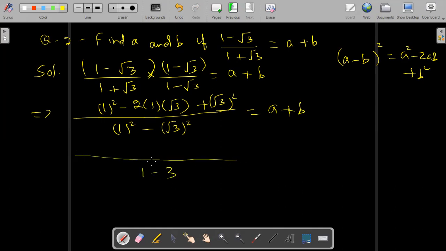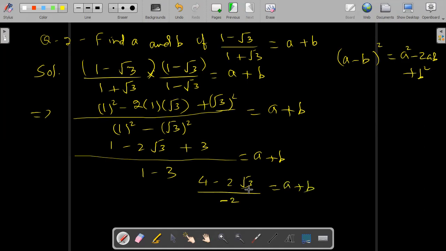1 minus 3, and 1 squared is 1 minus 2 root 3, and root 3 squared will become 3, is equal to a plus b. 3 plus 1, 4 minus 2 root 3, divided by 1 minus 3, which is minus 2, is equal to a plus b.